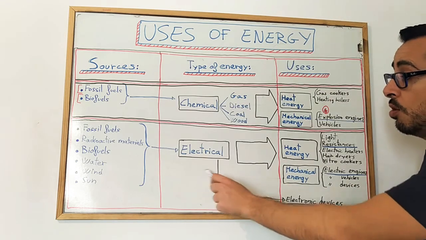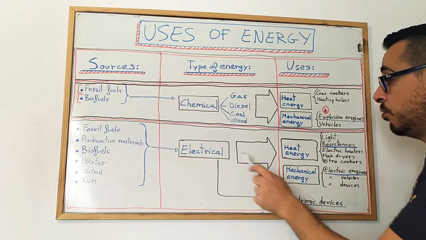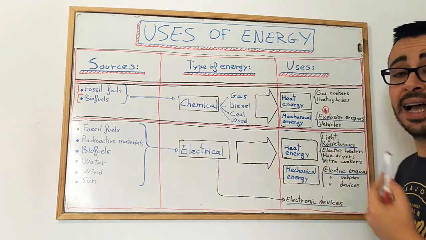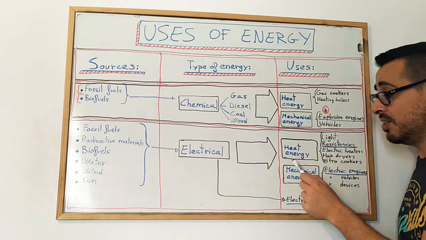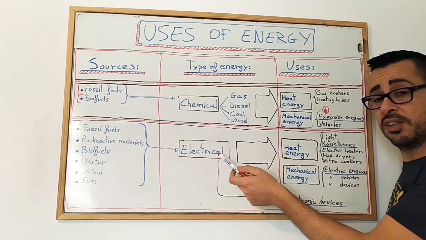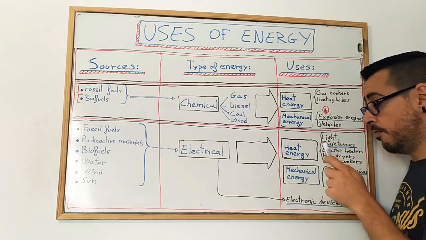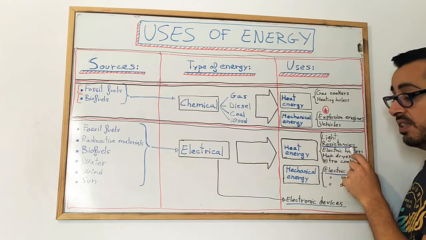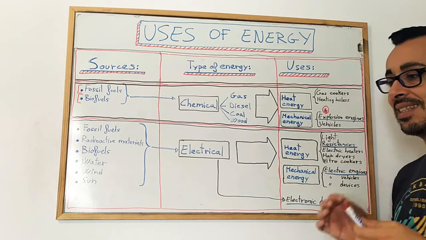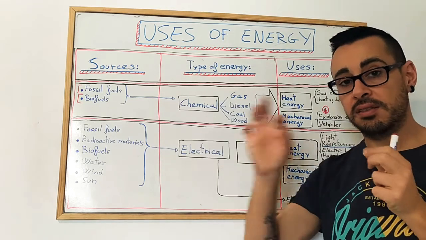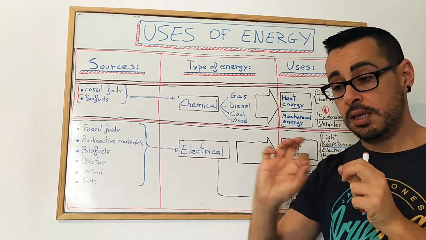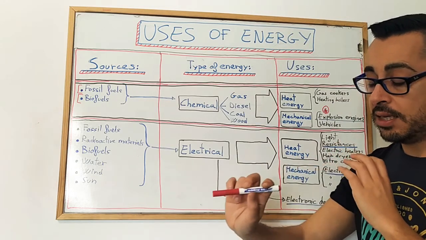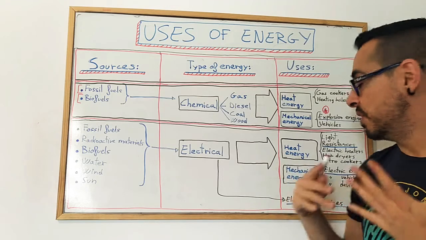So, electrical energy can be transformed into heat energy or mechanical energy. In the case of heat energy, we use electricity for making heat by resistances. What are resistances? It's a tiny filament where, when electricity passes by, it heats up.